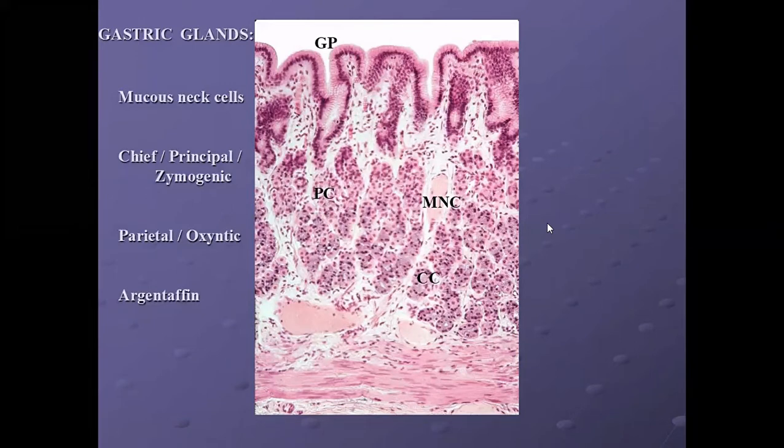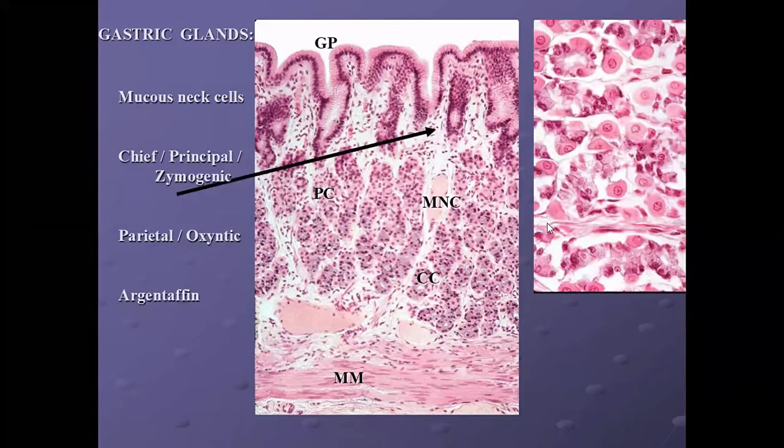And of course, you have here your muscularis mucosa. In other words, these are the areas that are part of the labeled layer of the mucosa.